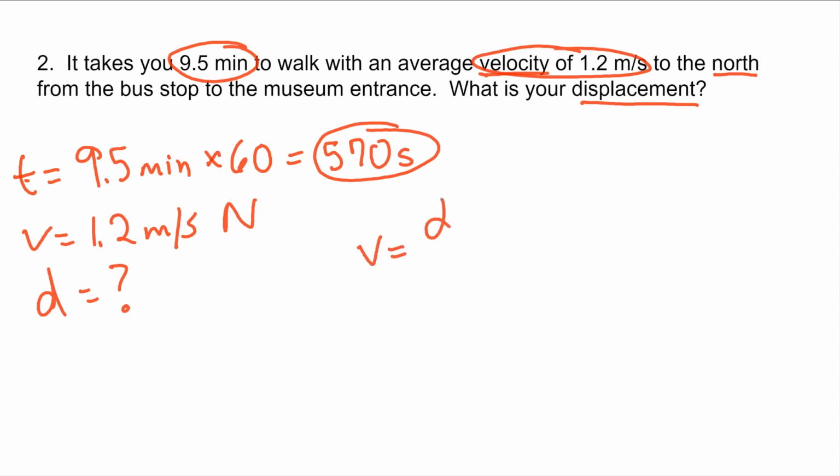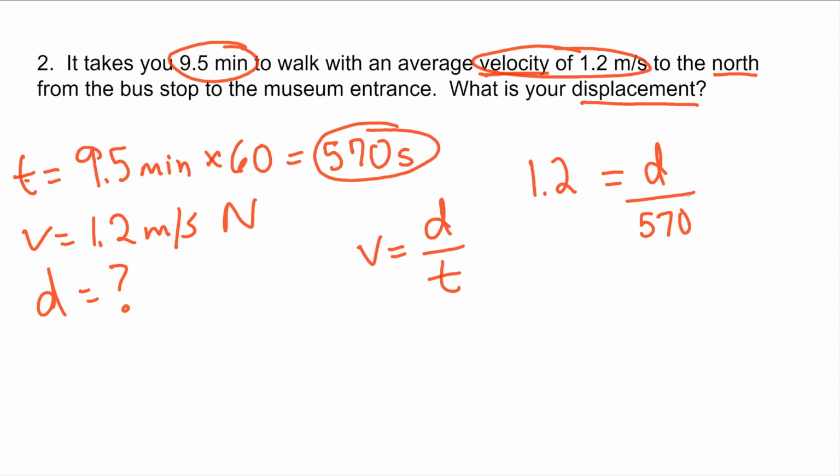Our formula, velocity equals displacement over time. Now, I could go ahead and rearrange this before I plug in my numbers, but I'm going to go ahead and plug in my numbers without rearranging. My velocity is 1.2. My displacement is unknown, and my time is 570 seconds.